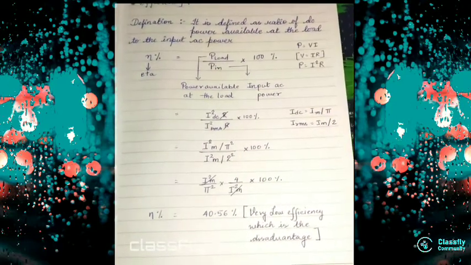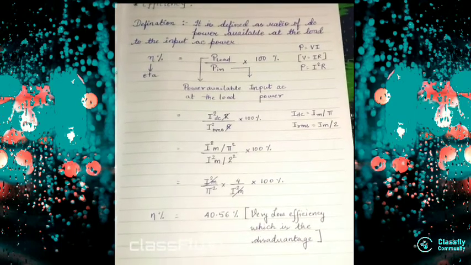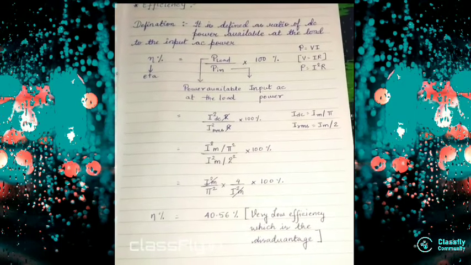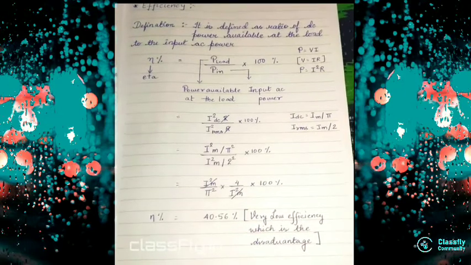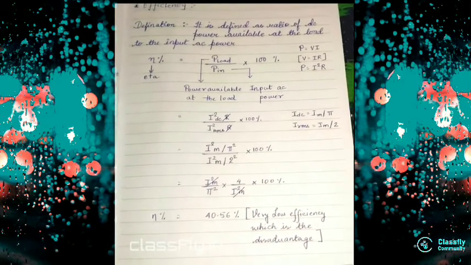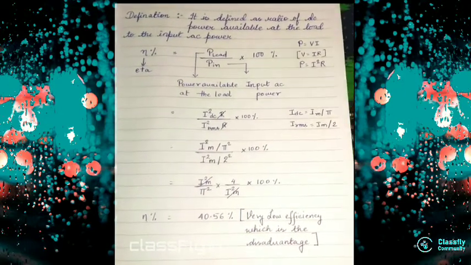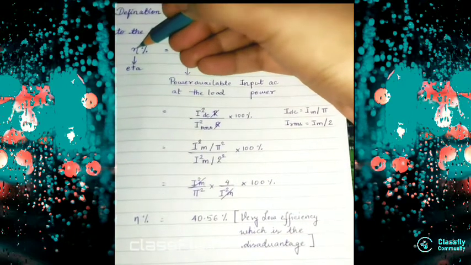Definition: it is defined as the ratio of DC power available at the load to the input AC power. Efficiency is denoted by eta.